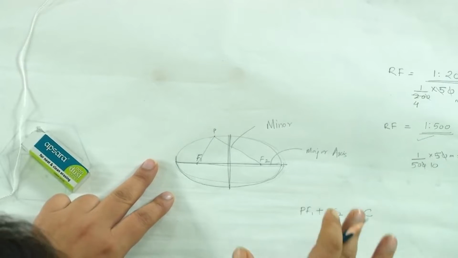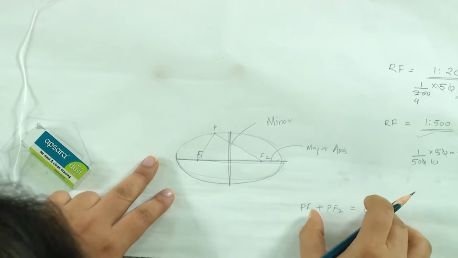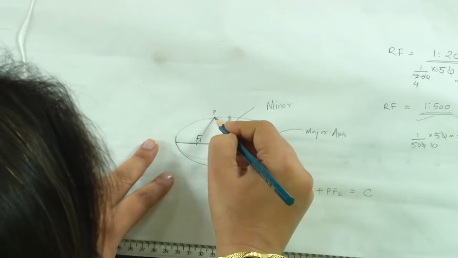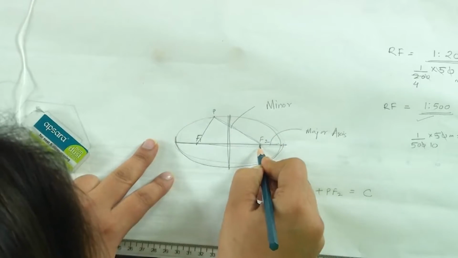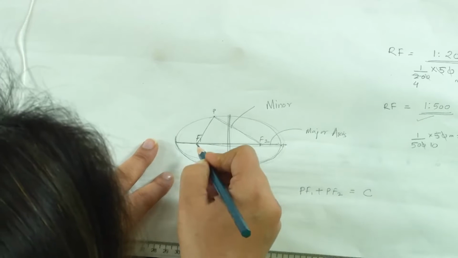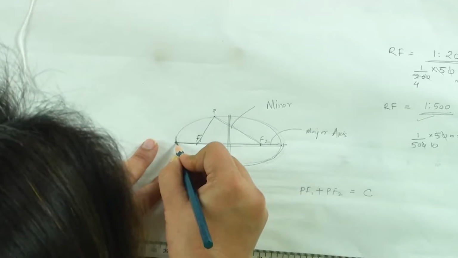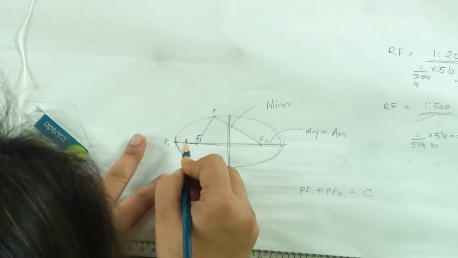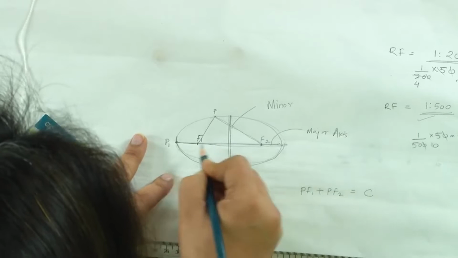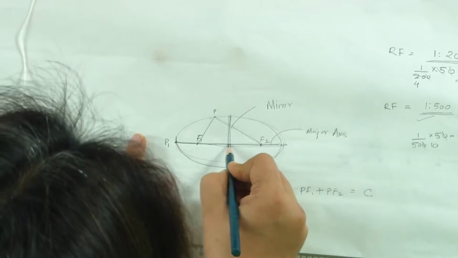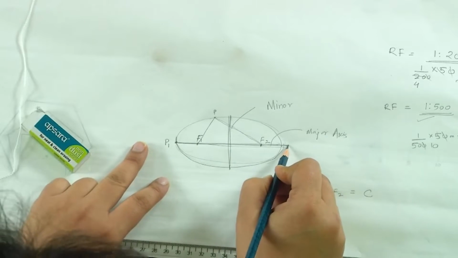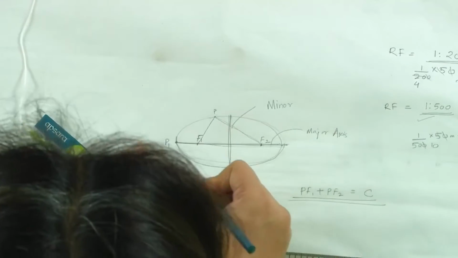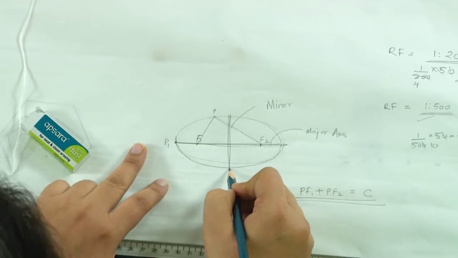It is a fixed number, a fixed distance. So, we can draw this ellipse if we know this distance given, and suppose the point P was here. P1F1 plus P1F2 is equal to the total length of the major axis. So, this is the constant and we get this entire ellipse drawn here.